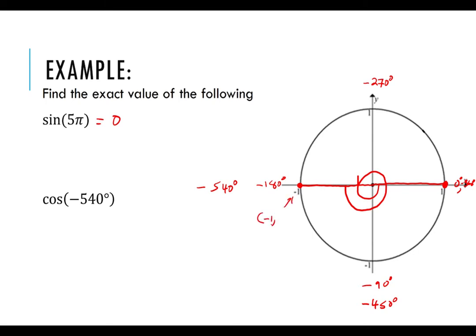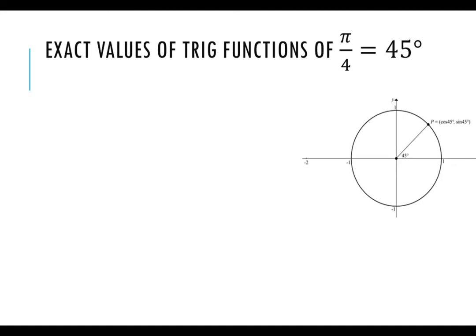That's the ordered pair. And since cosine of negative 540 is this endpoint, where this ray crosses the unit circle here at negative 1, 0, then we know that we take the x values for cosine, and so that's going to be negative 1.